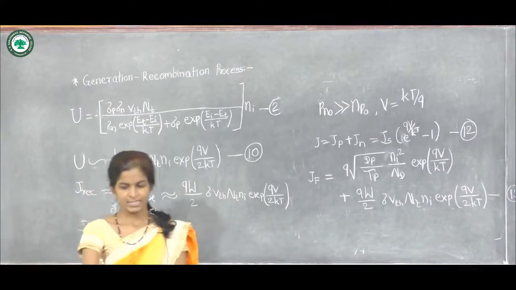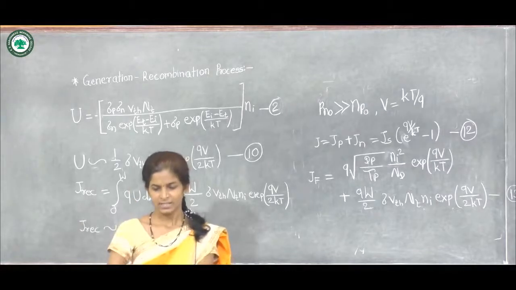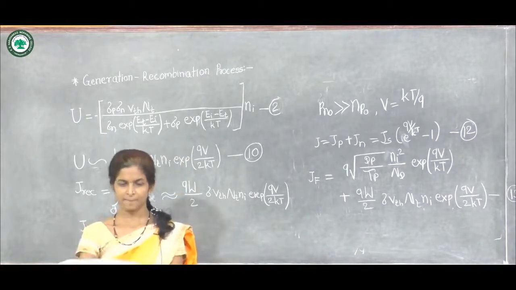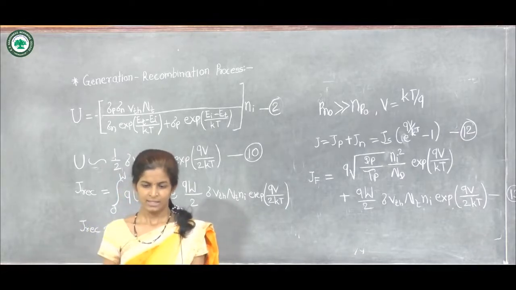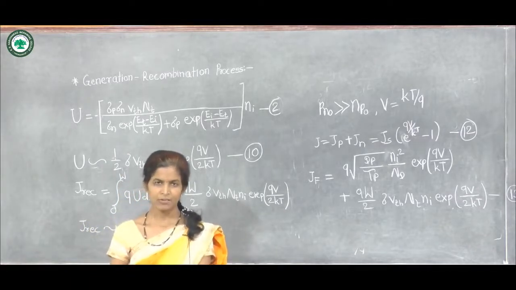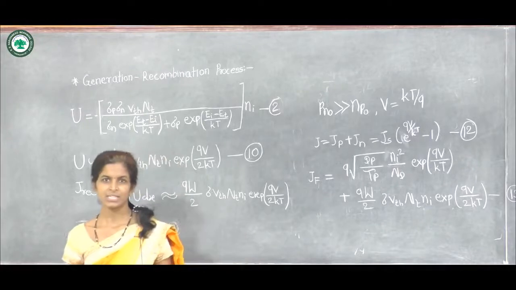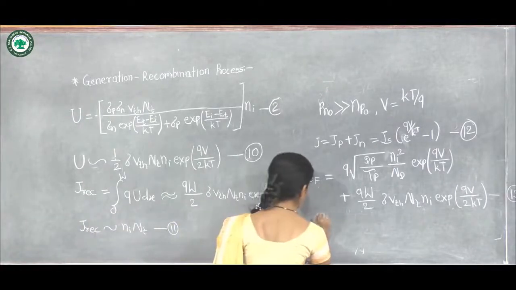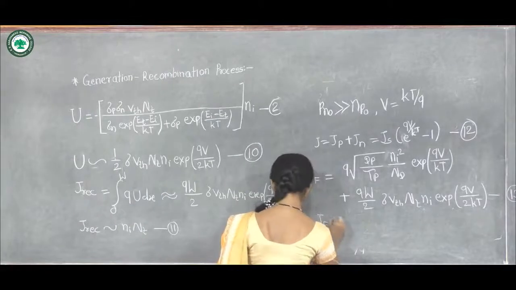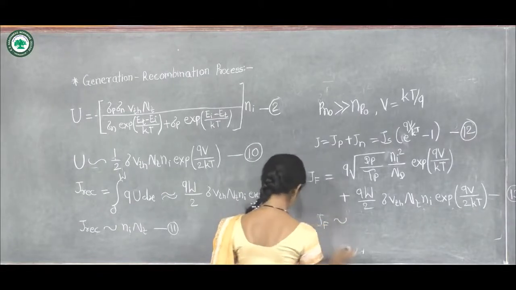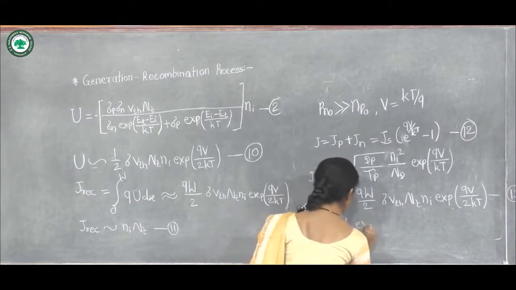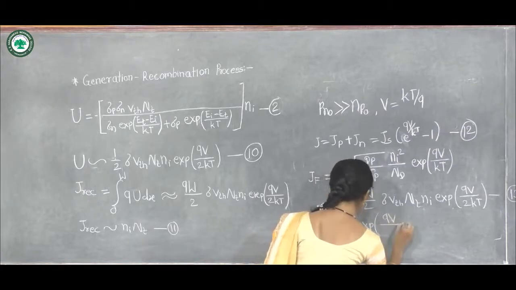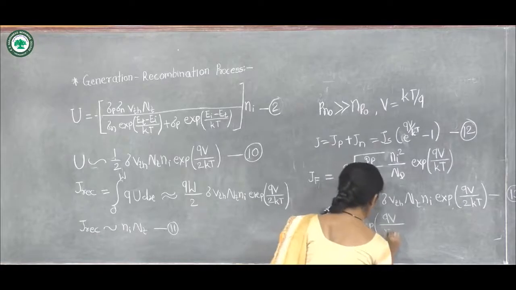The experimental results in general can be represented by the empirical form, that is the total forward current Jf, which is nearly proportional to exponential of qV upon nkT.